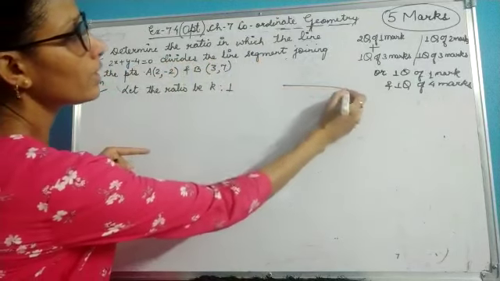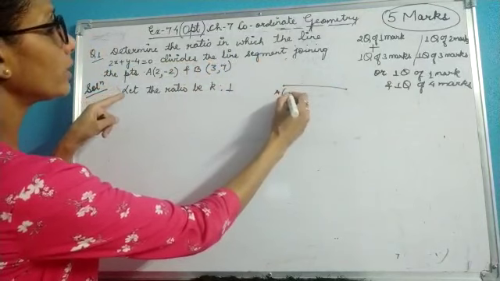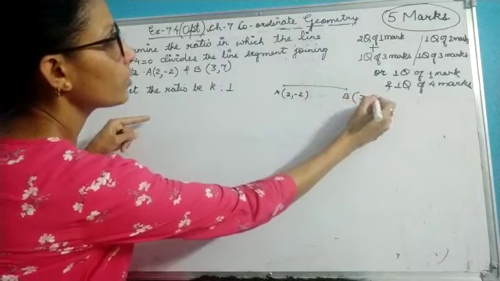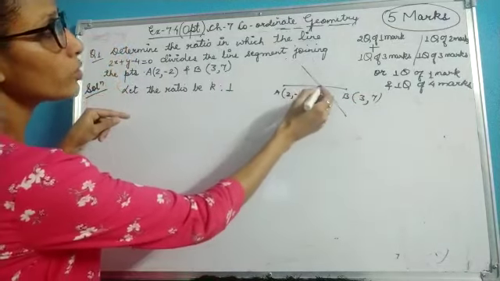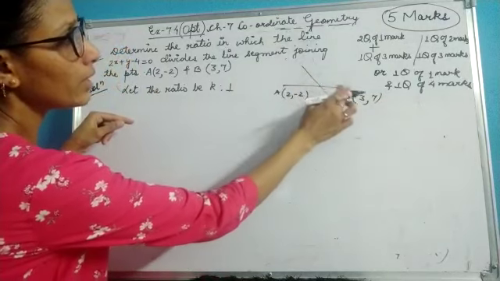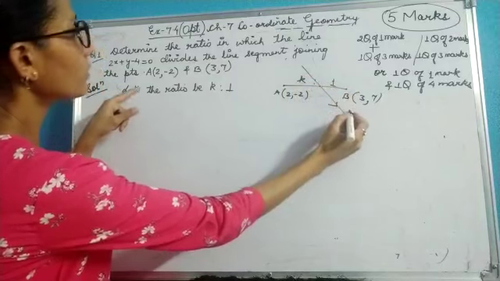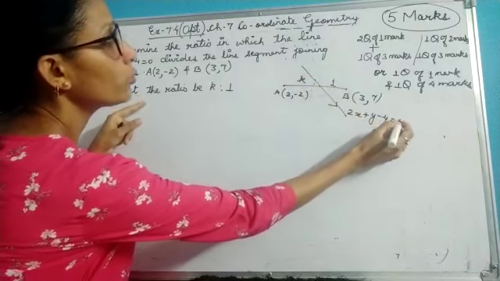That means a line segment is framed by joining these 2 points. A, B is 3, 7. Now this line, say this is your line which is dividing line AB into ratio k:1. And equation of this line is given to you 2x plus y minus 4 equal to 0.